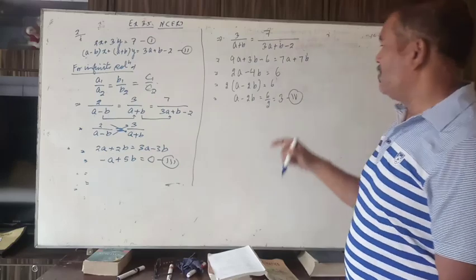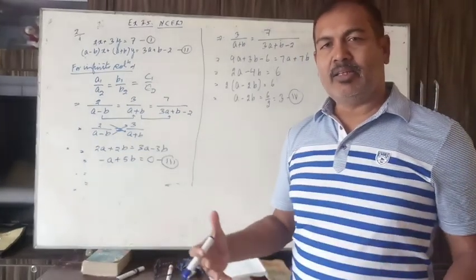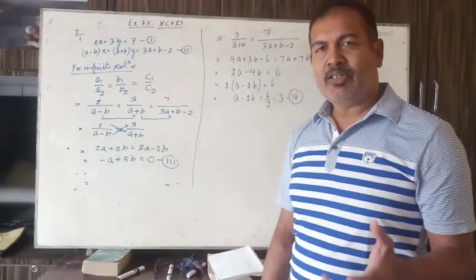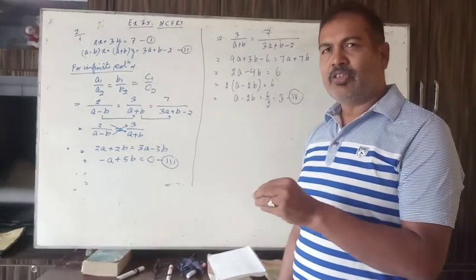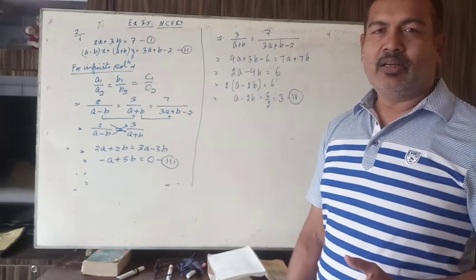Now we'll solve equation 3 and equation 4 by any method. It is my experience and suggestion to you, my dear students: when the method is not specified, you should select the elimination method.